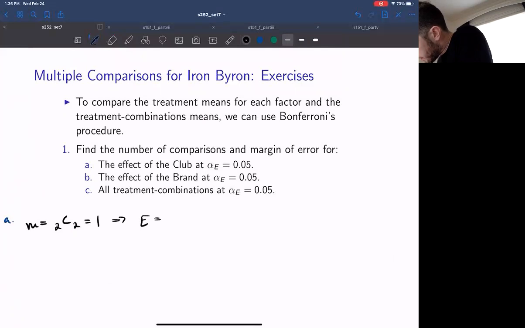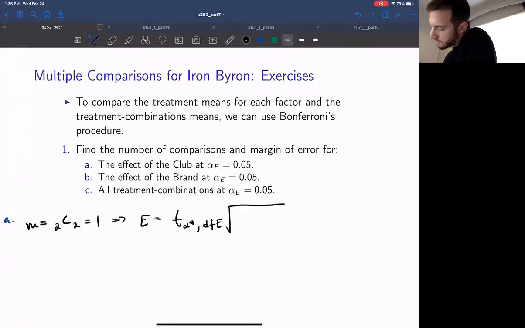So the margin of error here will be a t-value on alpha star, comma, df error, multiplied by the square root of the MSE times 1 over the sample size for the driver, plus 1 over the sample size for the club, or for the 5-iron.